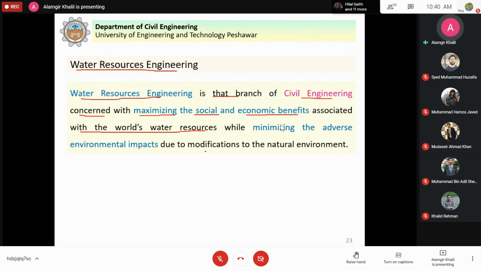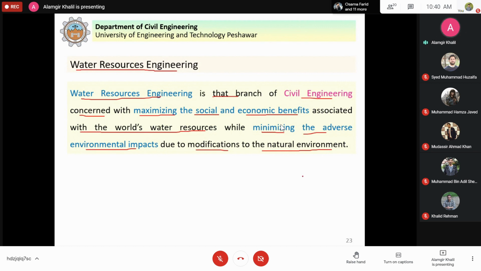We generate the electric power from water supplied to the consumers. You charge them. So we are trying to maximize the social and economic benefits associated with the world water resources, while minimizing the adverse environmental impacts due to modifications to the natural environment.